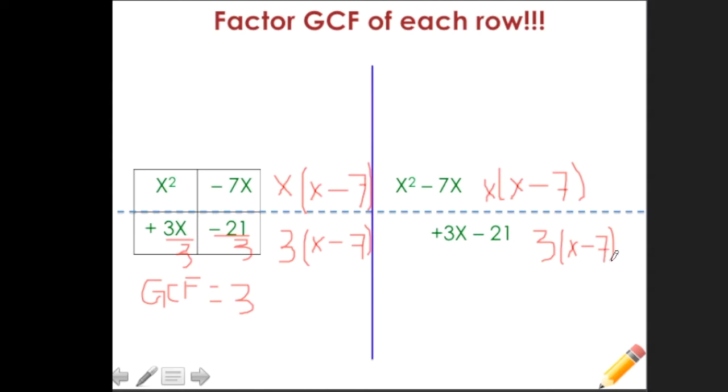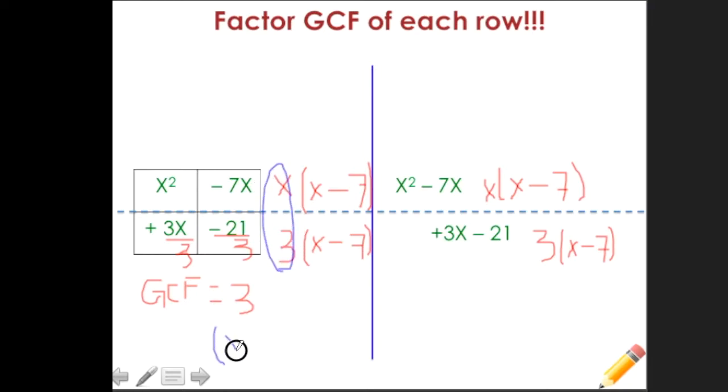And what that shows us is actually what the original distribution problem was, right? The original distribution problem was, well, we take this, they both have x minus 7 in common. So what our final answer is we're going to take these GCFs, right? And we're going to write that up as one factor.